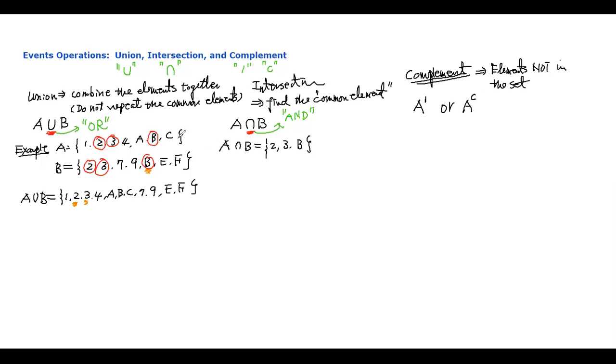So let's take a look at this example. Let's assume the example only gives us A and B, and let's assume the sample space is 1, 2, 3, 4, 7, 9, A, B, C, D, E, and 10, 11.